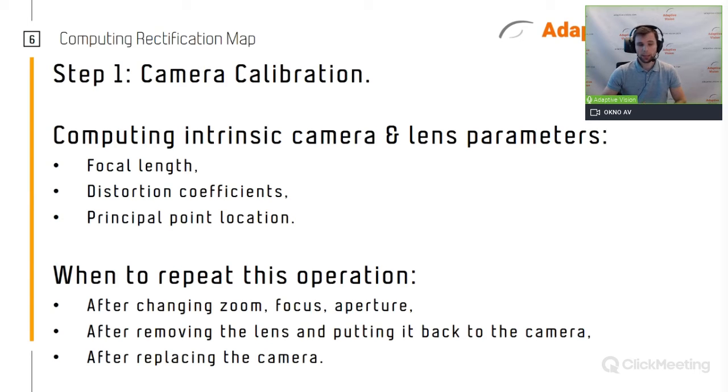However, any changes in the camera setup will void the parameters. So it's important to make sure that the zoom, focus, or aperture has not been changed, because otherwise we'll have to perform this operation once again. Other operations which will void the parameters are replacing the lens, replacing the camera, screwing and unscrewing the lens.